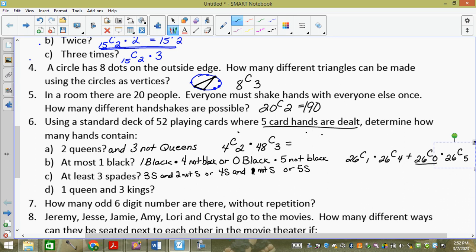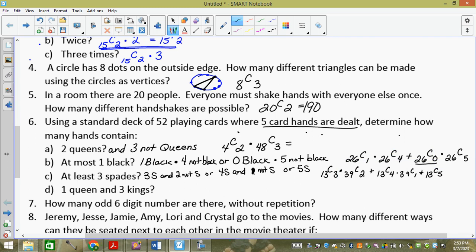How many spades are in a deck? 13. So I do 13, choose 3, and then how many of the 52 are not spades if 13 are spades? 39. So I do 52 minus 13, right? So 39, choose 2, or is a plus sign. 13, choose 4, times 39, choose 1, or 13, choose 5.